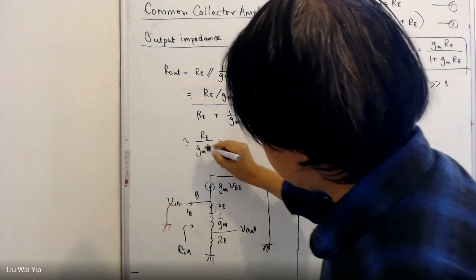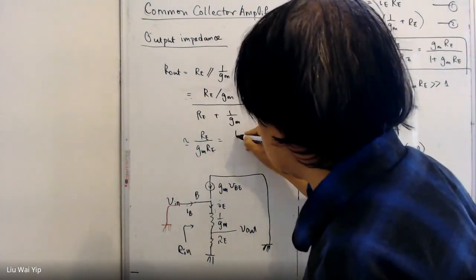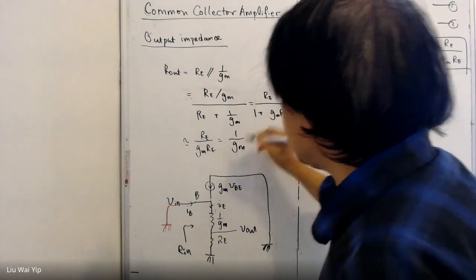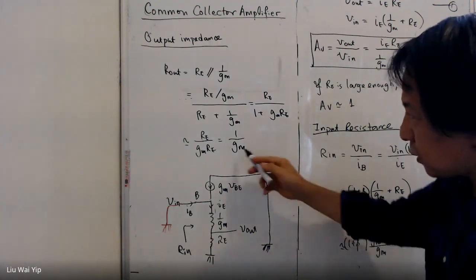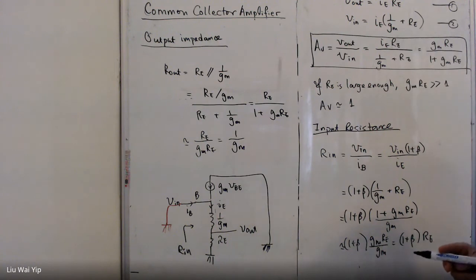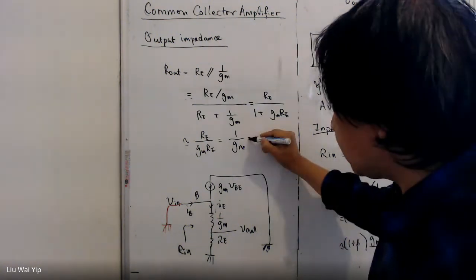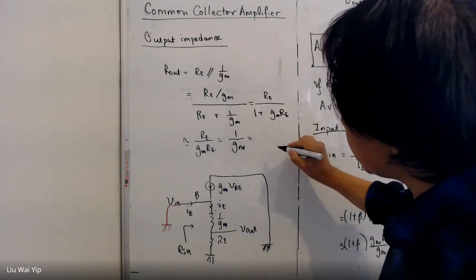So in other words, by simplifying this expression, we know the output resistance is 1 over GM. So the output resistance is quite low. It depends on this value, it depends on the IC.